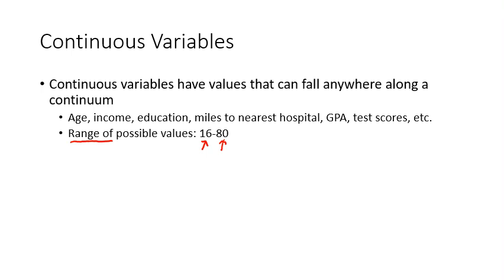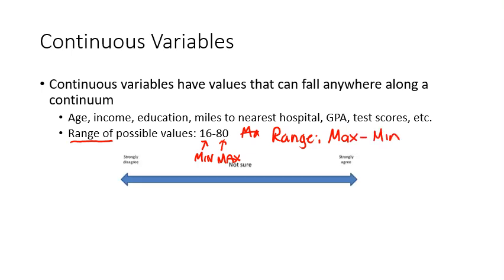Let's write these down, minimum and maximum. The range is just maximum minus minimum. And there's an example of a continuous variable where anyone's answer can fall anywhere in between.